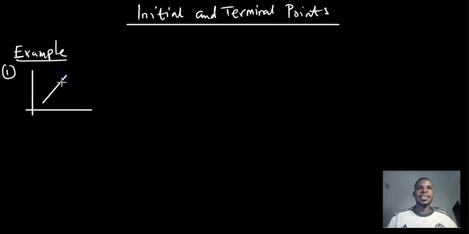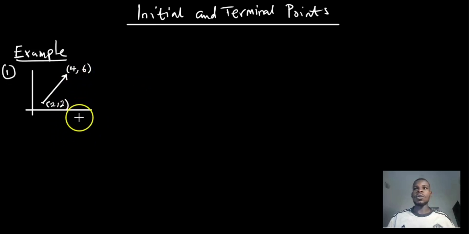Let's say this is the starting point and it's given by 2 on the x-axis. If you trace it to the y-axis, you also get 2. Then this is the end point of the vector, so let's put a little arrow to denote that. Tracing to the x-axis, we get 4, and tracing to the y-axis, we get 6. So that's our vector right there.